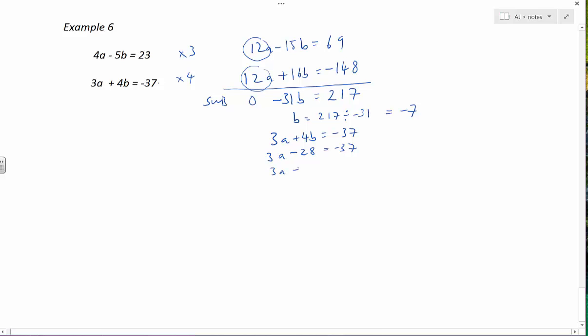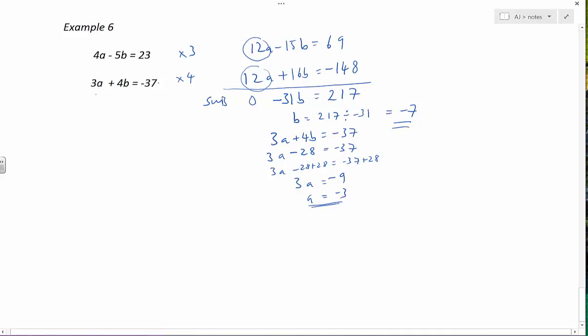Add 28 to both sides to get rid of it on the left, and we end up with 3a equals minus 9, so a is minus 3. a is minus 3, b is minus 7.